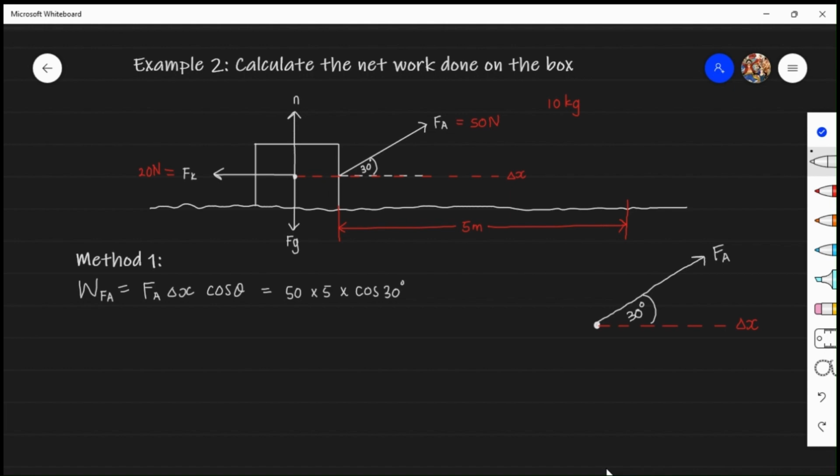Let's put in the forces in our free body diagram step by step as we move through each work, so that we can use our free body diagram to determine the value of theta as we calculate each work. So if we put this into our calculator, we have 50 times 5 times cos of 30, and that gives us a value of 216.51 joules.